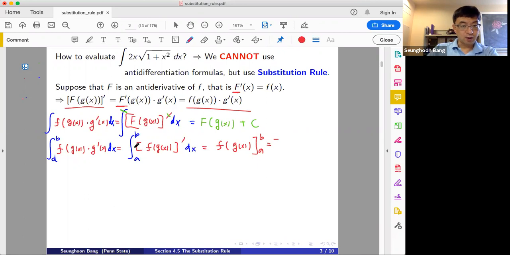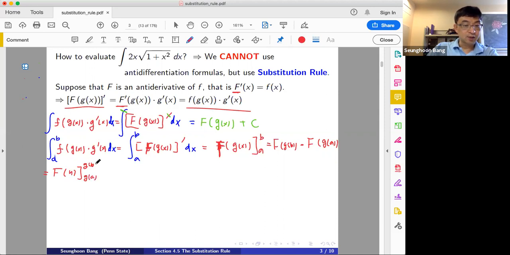Oh, sorry, this is capital F. This is capital F. So plug b into x: capital F of g of b minus capital F of g of a. One more thing: you can change this to the integral of f of u from g of a to g of b.